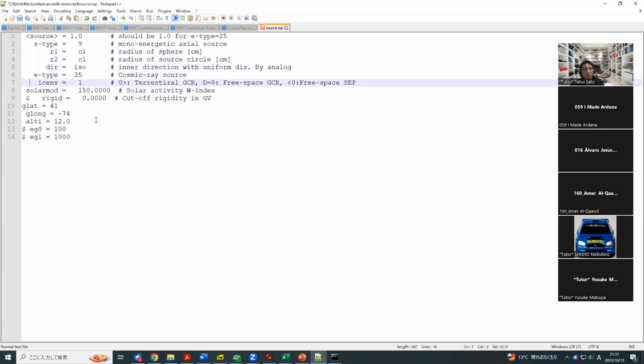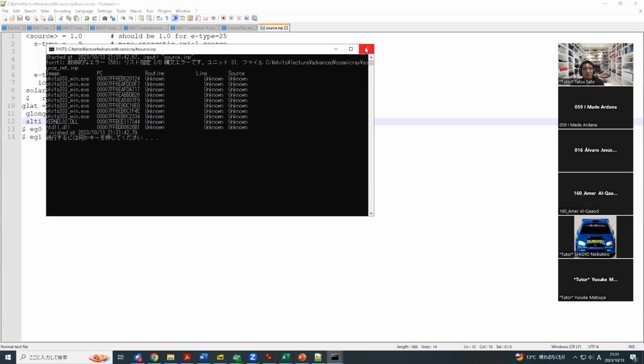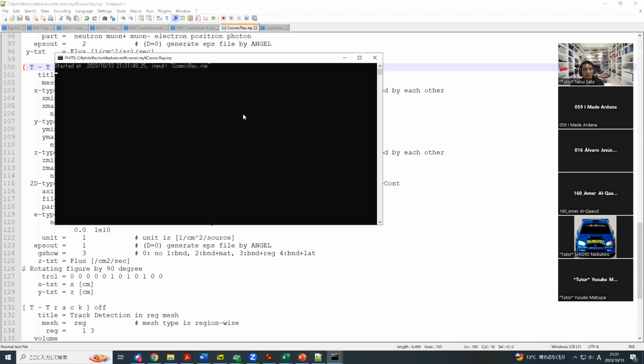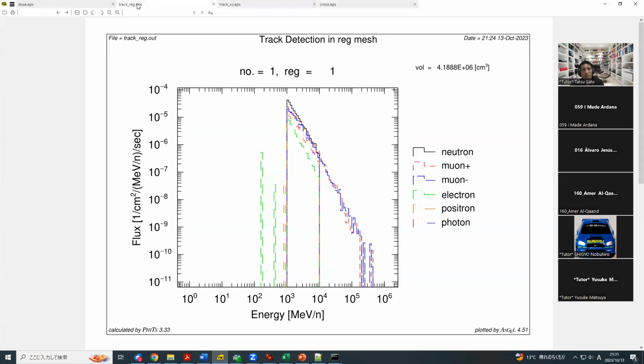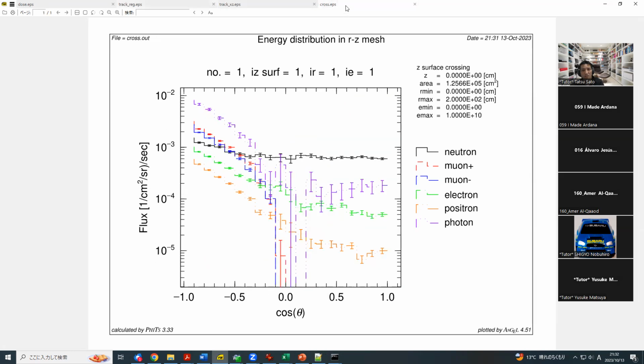Change the ICM to 2 and set the altitude to 0, and run FITS. Now the energy spectrum is like this, and the flux distribution is like this.